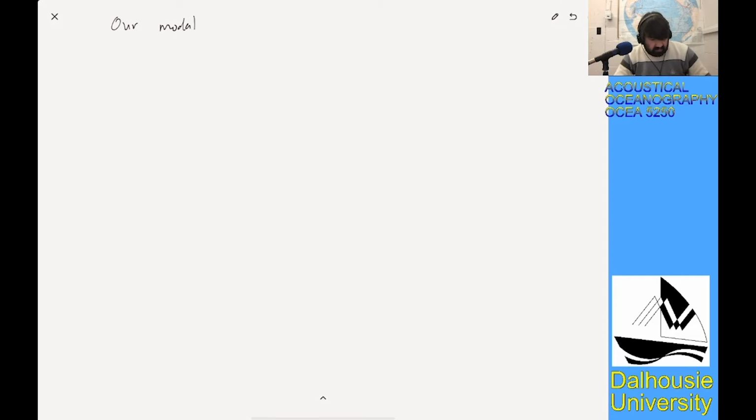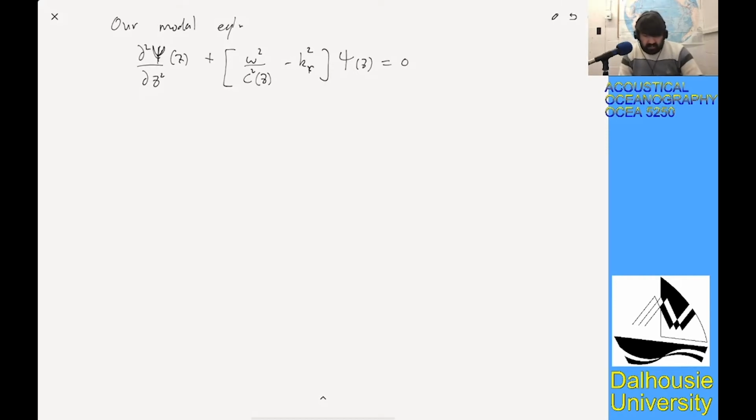Where we have psi double prime in z, psi is a function of z, plus omega squared over c squared, and we have some now depth-dependent sound speed, right? That's our k squared, minus kr squared. So we're saying that our field psi is going to be a function of z, and here, just to be clear, I think I've been a bit glossy with this in the past.